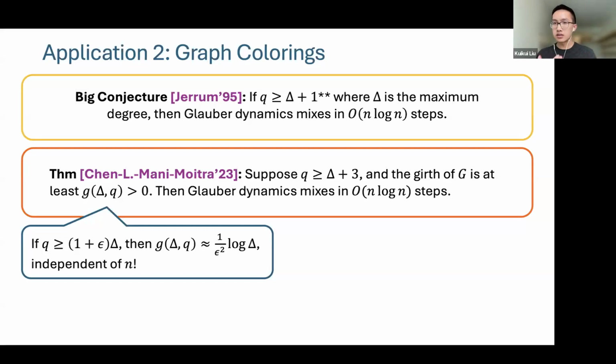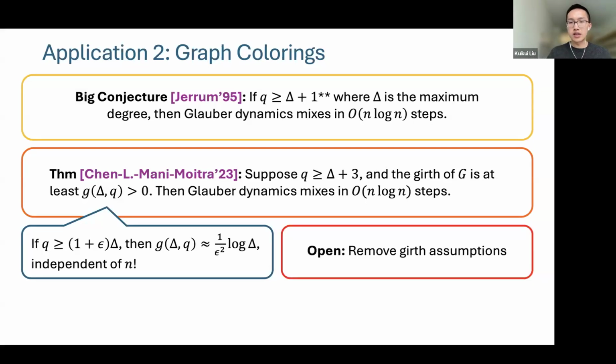So really the dependence on the maximum degree is quite mild. And of course, it remains an open question to remove these girth assumptions. But basically, if you have mild girth assumptions, then the conjecture is resolved.